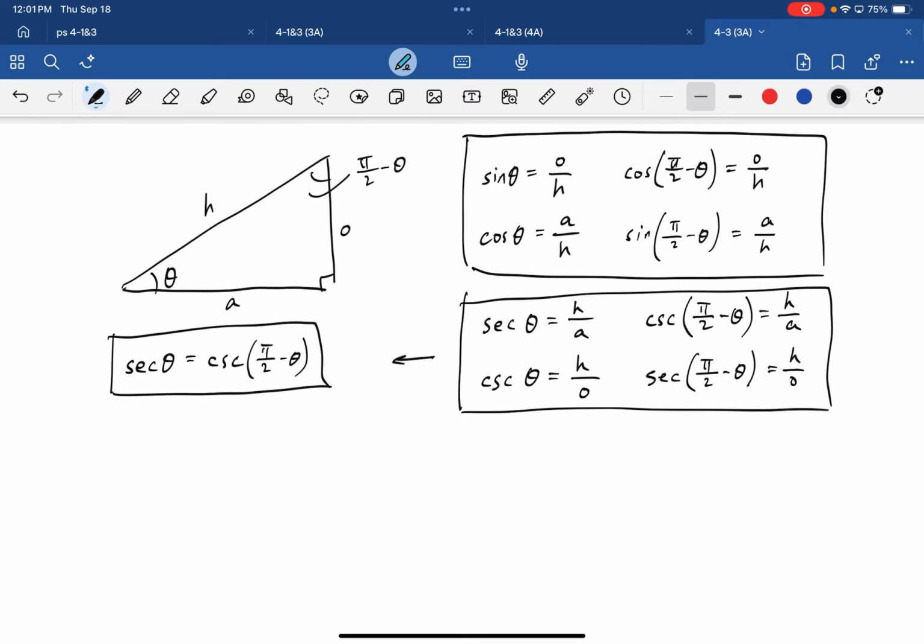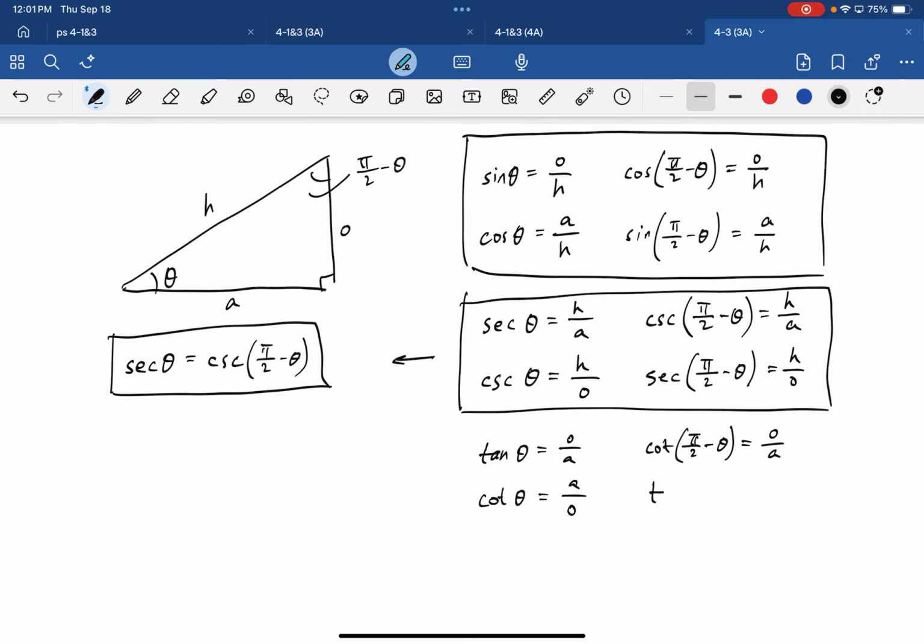We can keep going. Tangent theta is equal to what? Opposite over adjacent. Thank you, O over A. I'll just run through these. Cotangent of theta is A over O. And then cotangent of the complementary angle, pi over 2 minus theta, is O over A. Right?